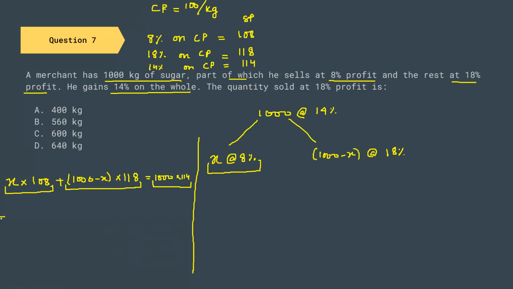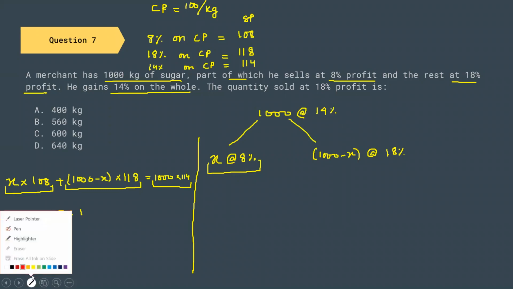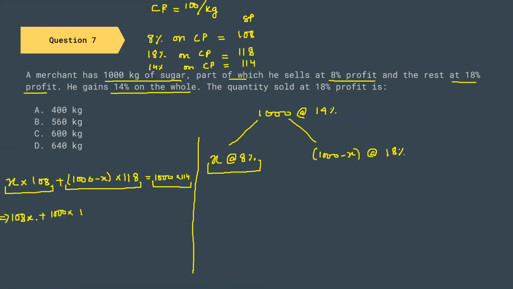So we can simplify this equation. Simplifying, we are going to get 108x plus 1000 into 118 minus 118x is equal to 1000 into 114.